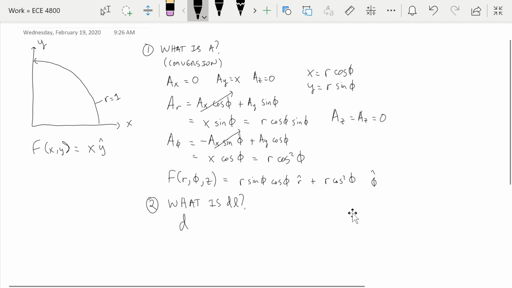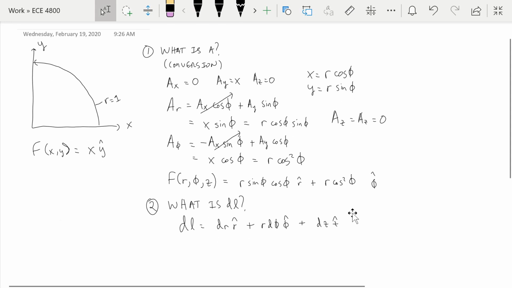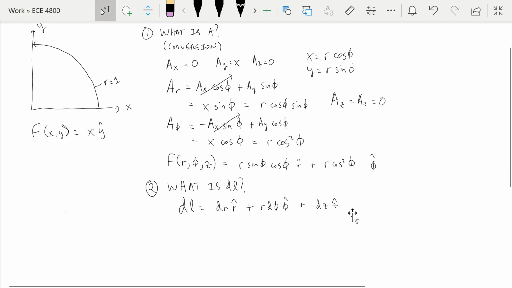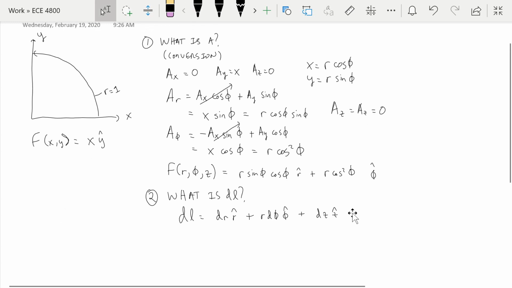So in our coordinate system, dr times r hat plus r d phi times phi hat plus dz times z hat. In this problem, since it's two dimensions, that dz term is going to go away when we do the dot product.